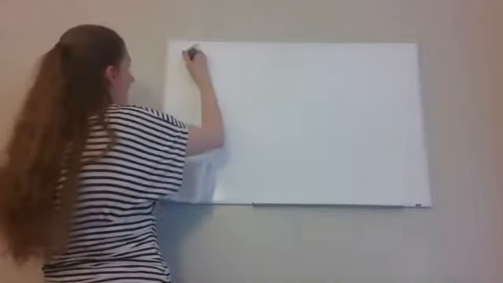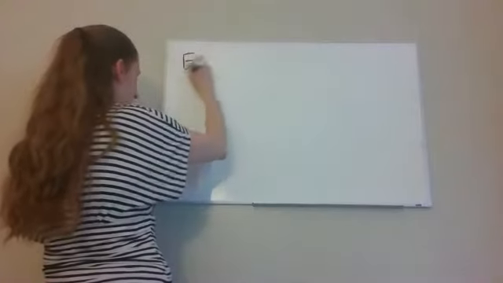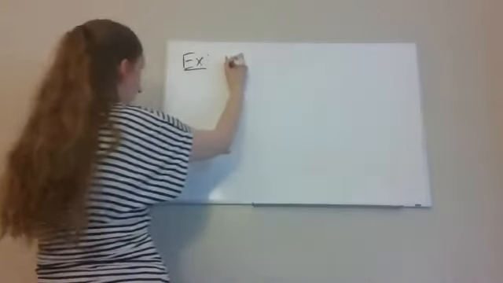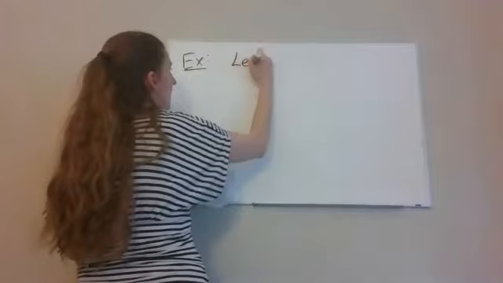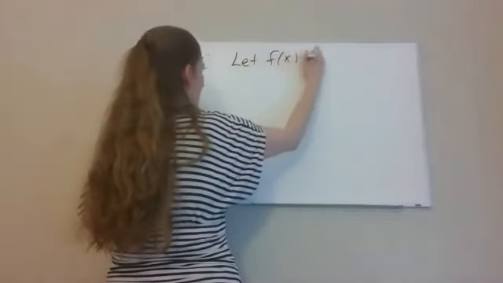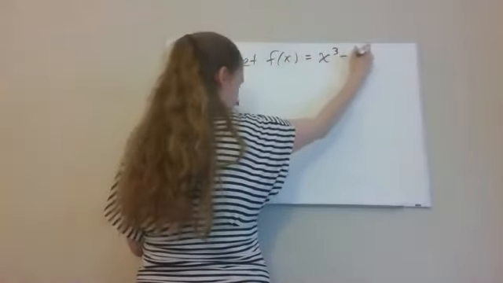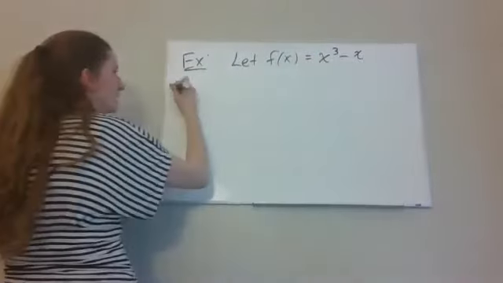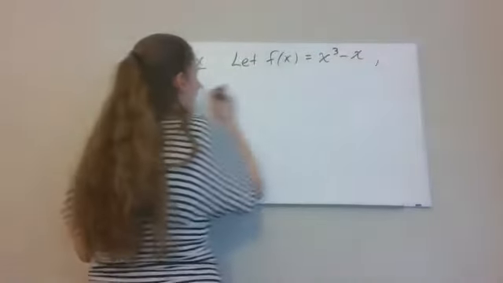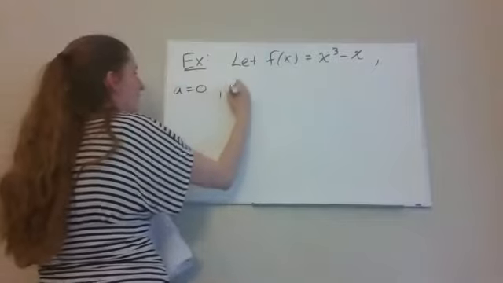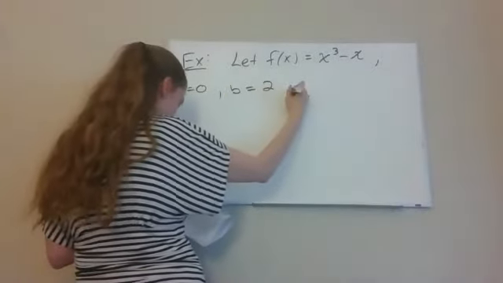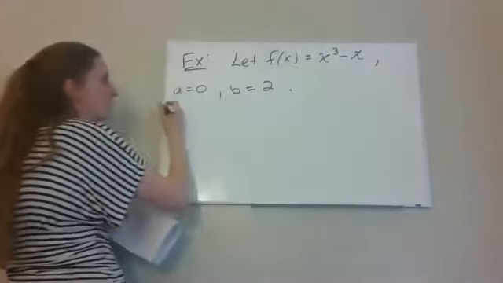All right, let's let f of x equal x to the third minus x. And we're going to have a equals 0 and b equals 2.